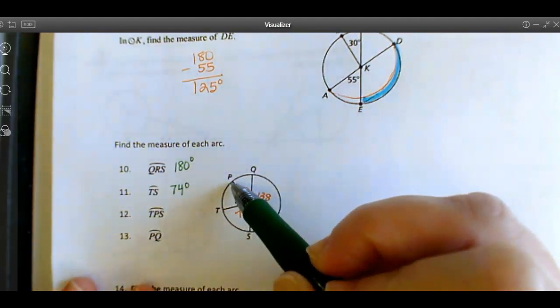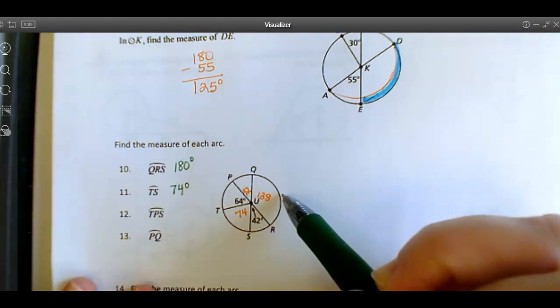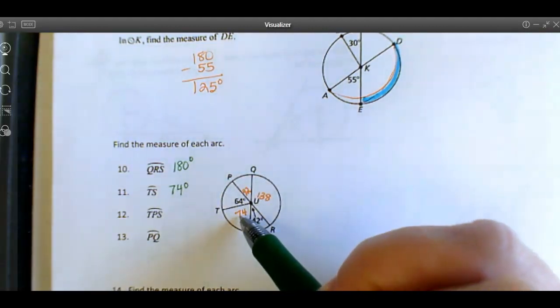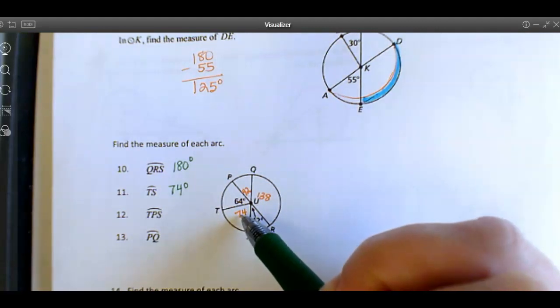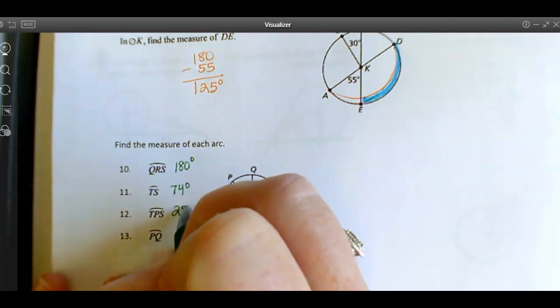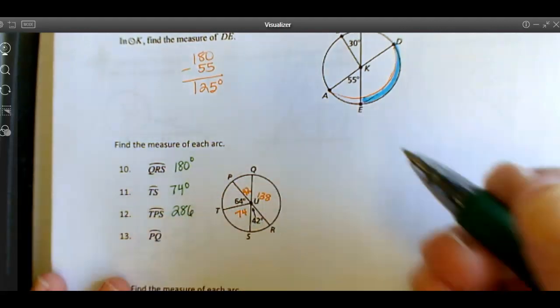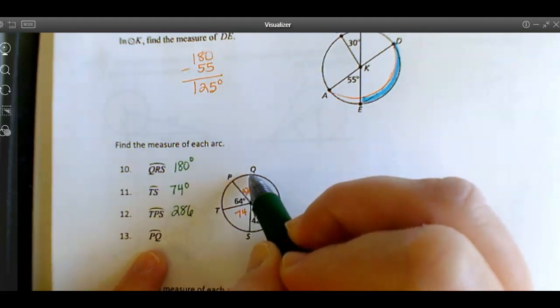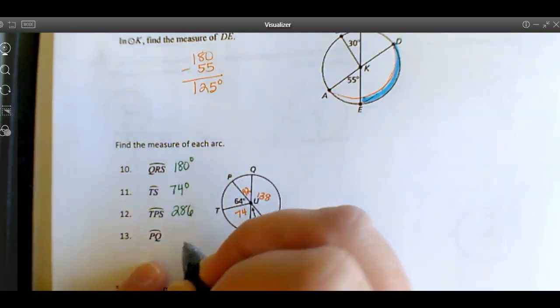T, P, and then if I go to S, I have to keep going the same direction. So it's all of this right here without the 74. You can add up all those angles, or you could subtract 64 from 360. And then it says PQ, so just P to Q. And that's that 42.